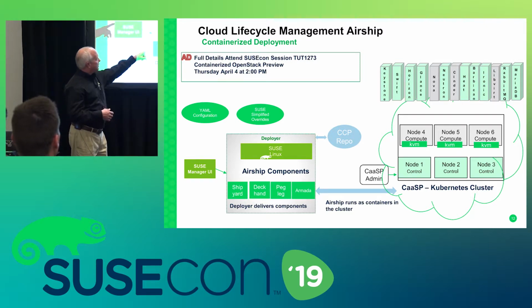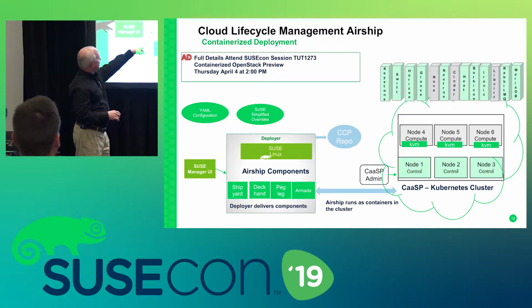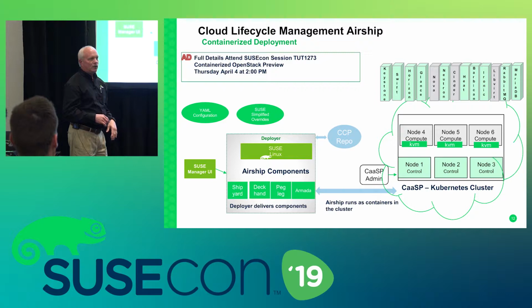And the compute nodes actually have KVM running, and everything's containerized, including libvirt. And so then we have Helm charts and a repo, and we use the different sub-projects of Airship to deploy OpenStack in a containerized mode so that basically all of Keystone, Swift, everything that's running up there is a container, and it's just running inside of a Kubernetes infrastructure.